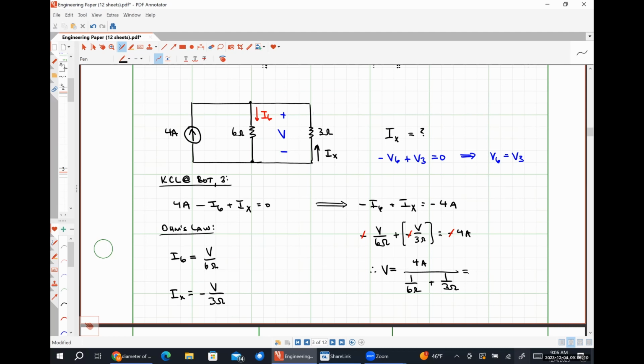Put that in my calculator. I get 8 volts. From that, Ix is going to be negative 8/3 of an amp.